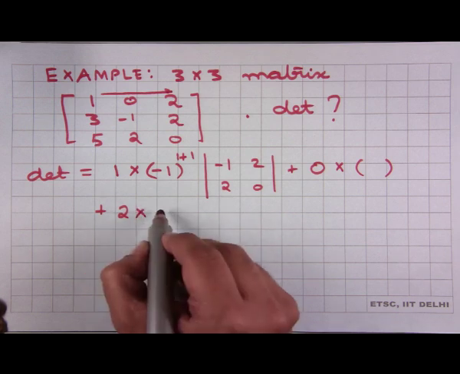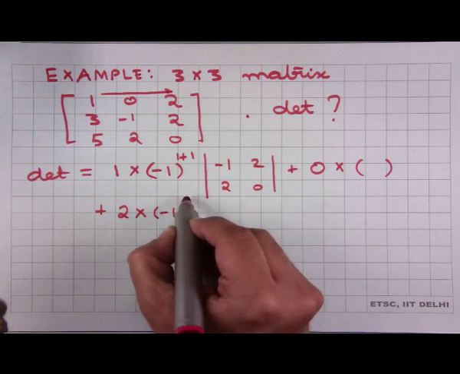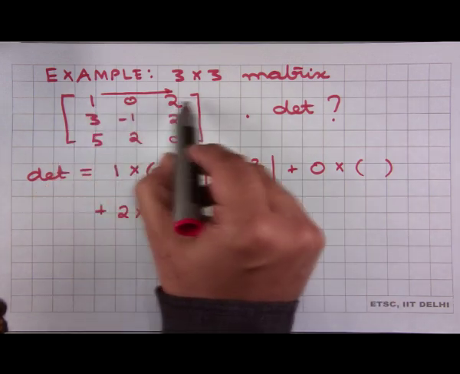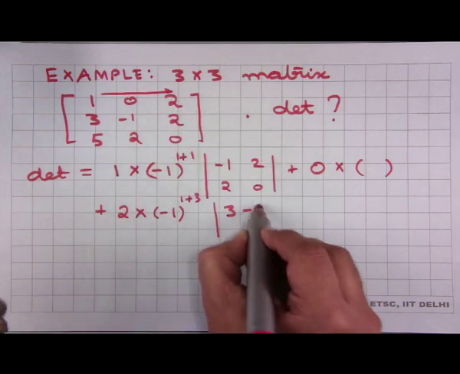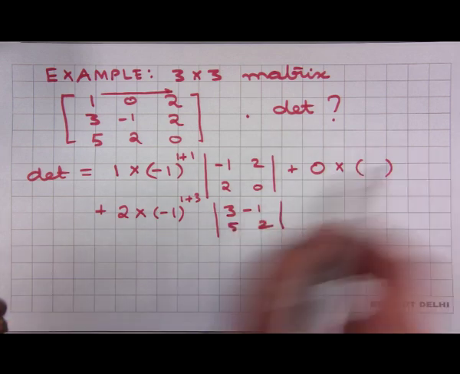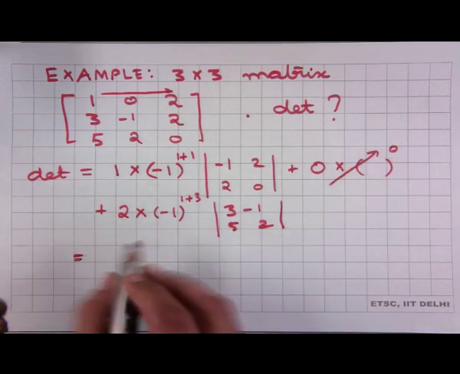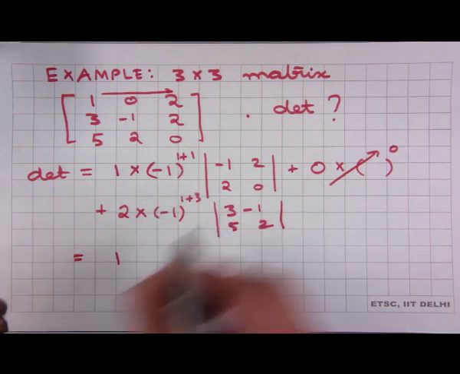So, this is going to be 2 times minus 1 power the first row and the third column times the determinant obtained by deleting the first row and this column. So, 3 minus 1, 5, 2. So, this determinant is going to be minus 1 square. So, 1 times this determinant.